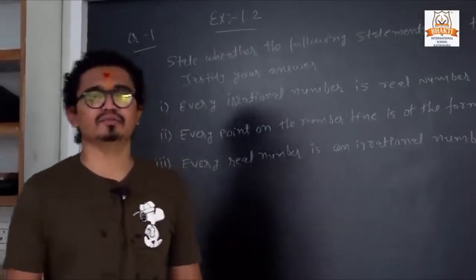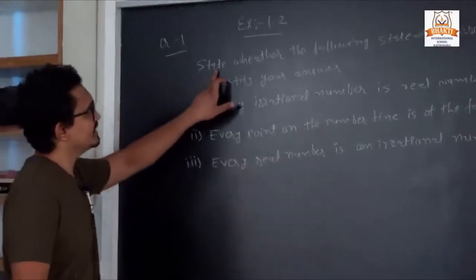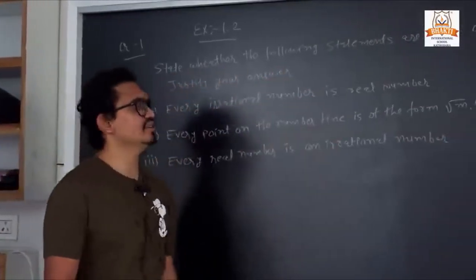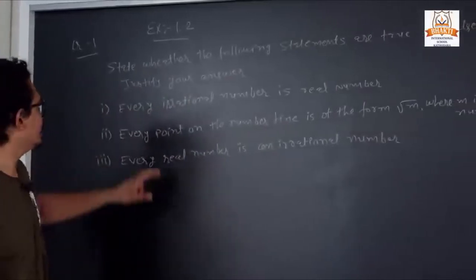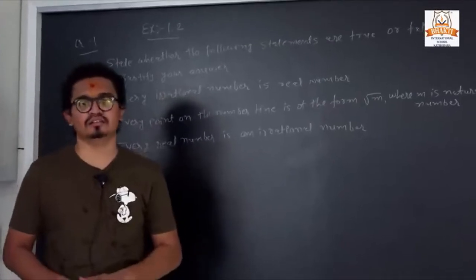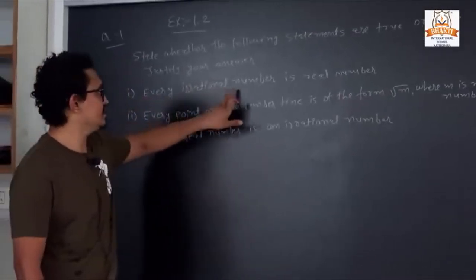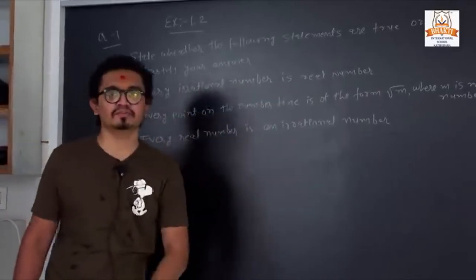In exercise 1.1, question number 1 is: state whether the following statements are true or false, and if it is false then justify your answer. The first statement is, every irrational number is a real number.